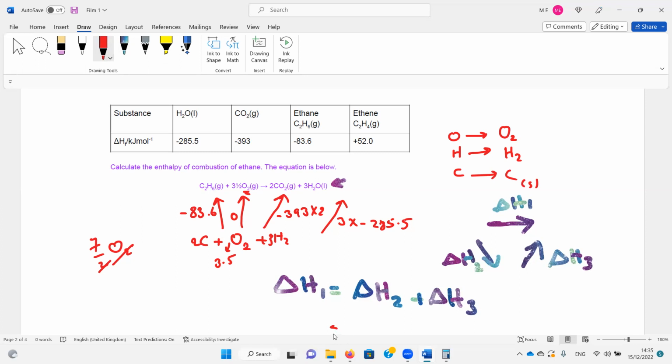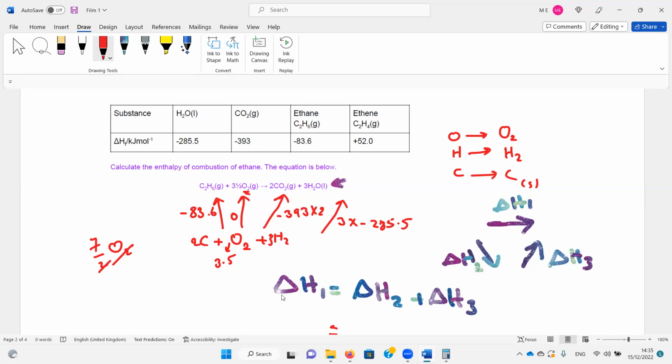So here you have minus 83.6. Now, notice that this arrow goes against this arrow. So this is your standard format of solving the problem. And you need to see if the arrows in your problem follow the same format or not. If they follow the same direction of the arrow, then you will keep the sign of the enthalpy change. If they don't follow the same format, then you need to change the enthalpy change sign.